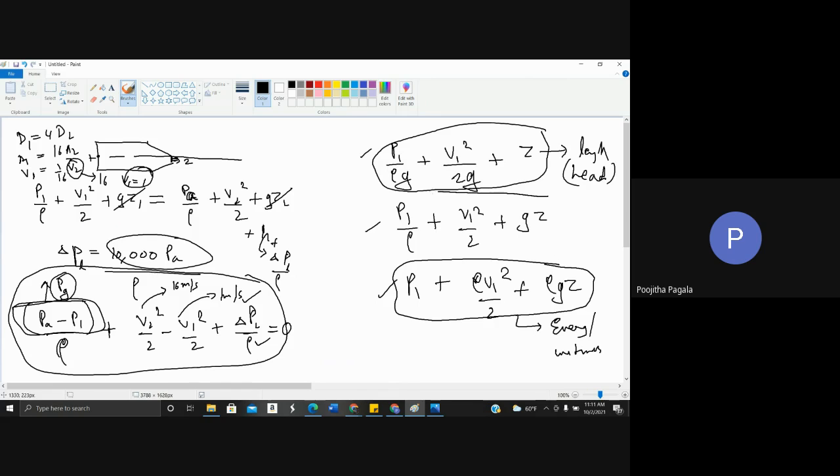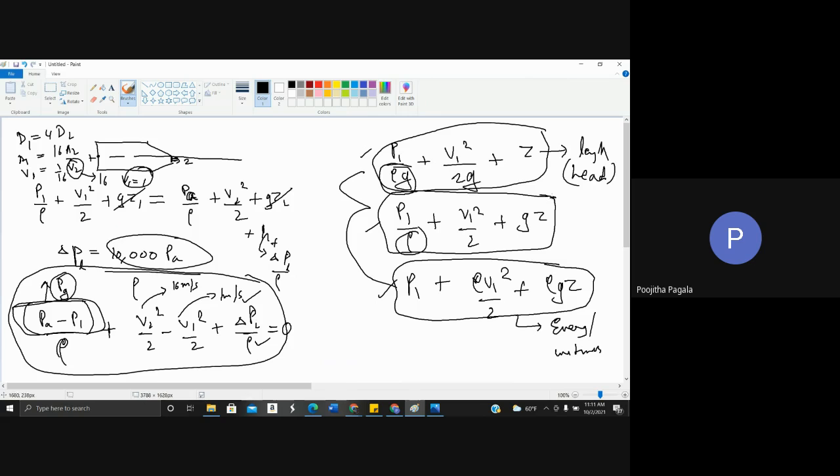And this one is in between both of them. If you can see, the difference between them comes from the rho g term. So you have rho g here, you only have rho here, and you have nothing over here. Multiplying with rho g makes the difference between these forms.